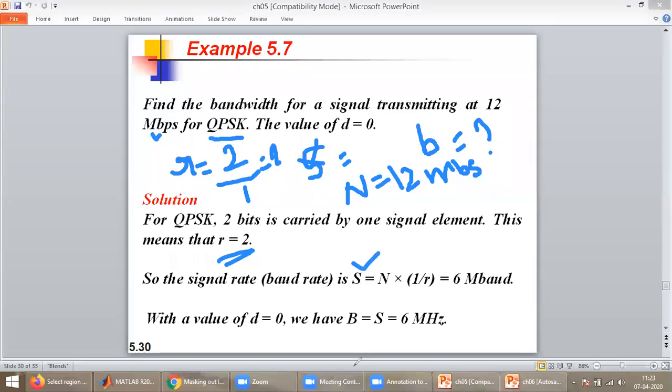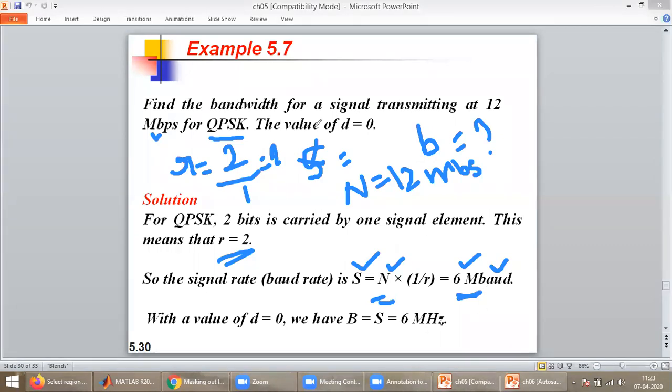S is equal to 12 divided by 2, so 6 Mbauds. If they give it in terms of bauds, that indicates S. If they give it in terms of bits per second, that indicates N. N is 12 Mbps times 1 divided by 2, so you get 6 Mbauds.